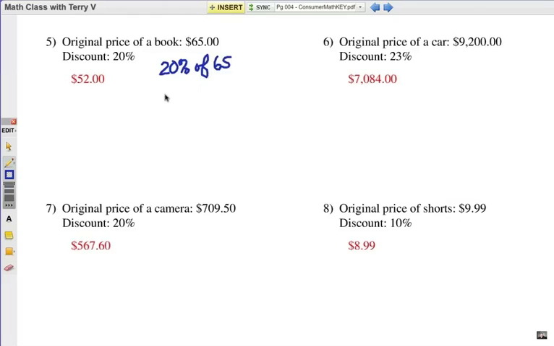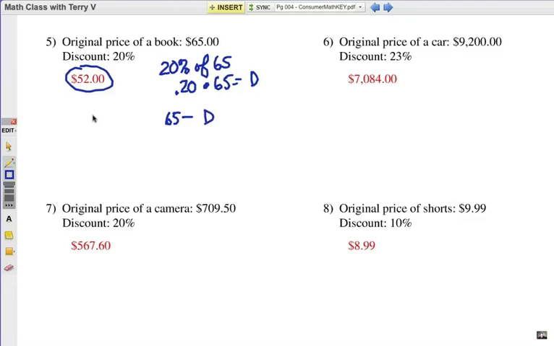So on number 5 here, the original price was $65. The discount is 20%. So how did we get our answer of $52? Well, in two steps, you can find 20% of 65, which is 0.20 or 0.2 times 65, and that's the discount amount, and then you subtract that from 65.